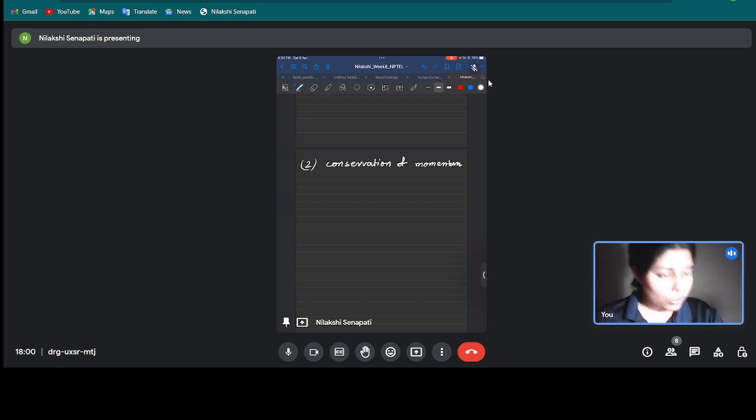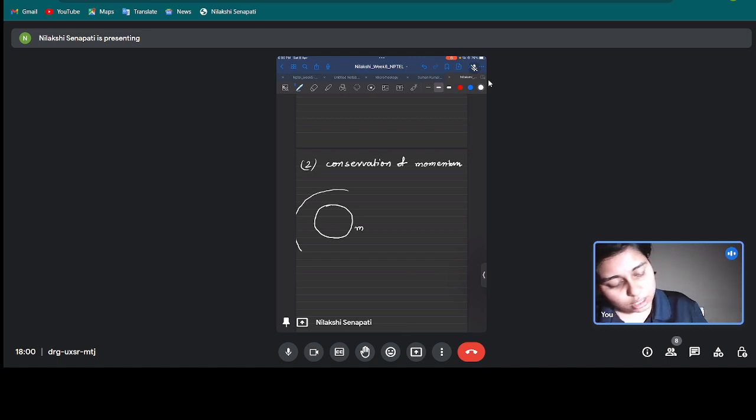Suppose we have a star of mass m, and now there is a mass enhancement with a radius enhancement of dm, so now it is m plus dm.